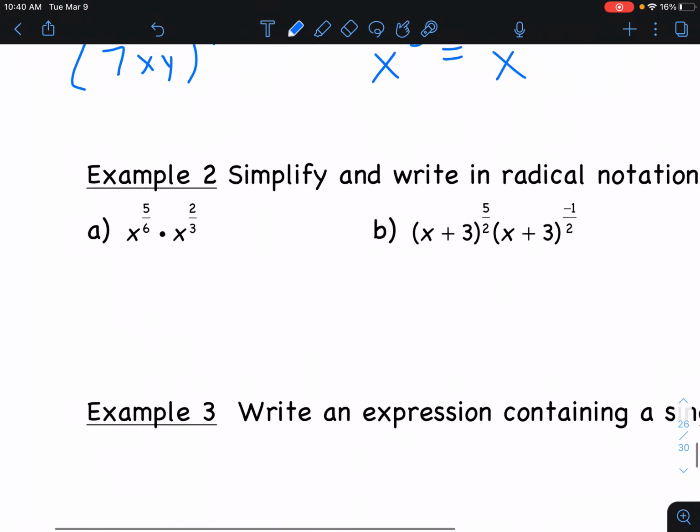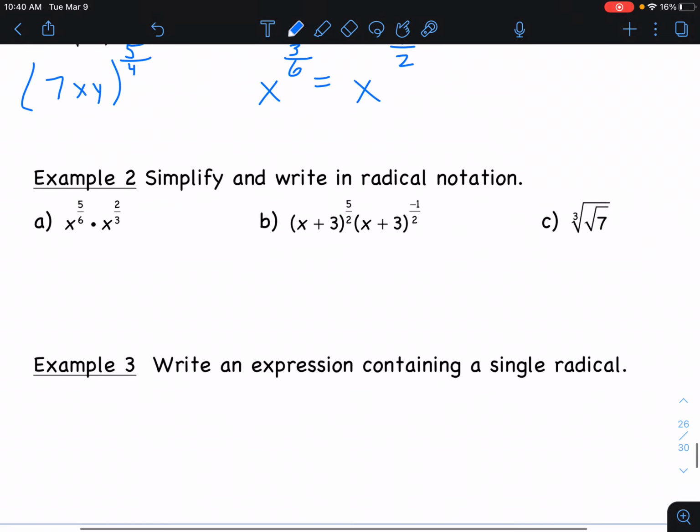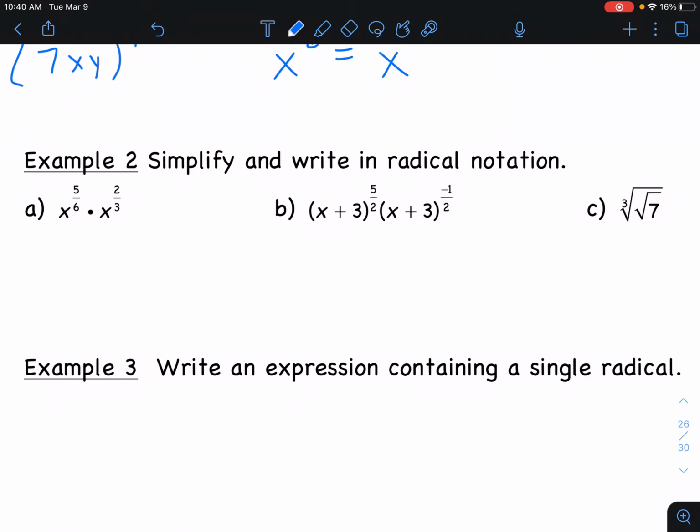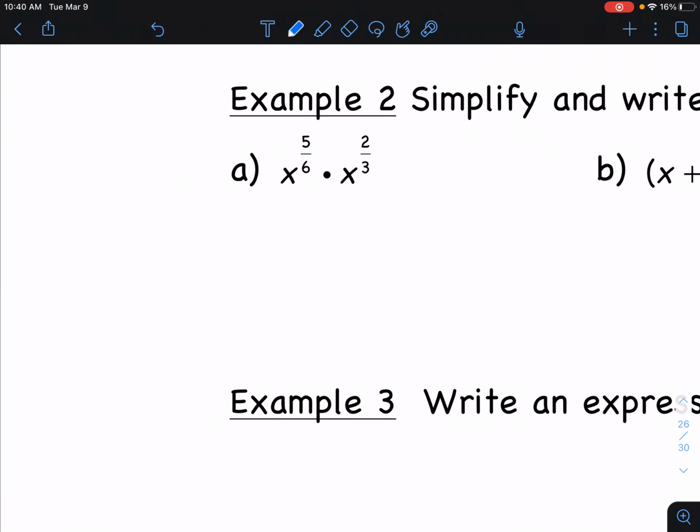Okay, example 2. It's showing multiplication for these problems, so we're going to simplify and write in radical notation. So in letter A, we have x times x. Remember, we are supposed to add their exponents. So if we add them, that will be 5/6 plus 4/6.